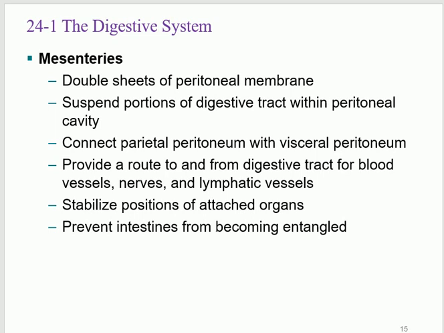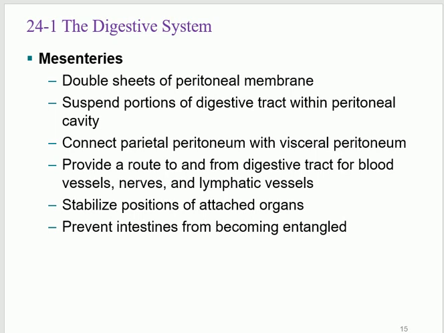Here is one for the liver, done. Here is one for the stomach. No, it's not like this. It goes in a big fold, covers one, and goes around, covers the next one, and makes a fold, and goes around, makes a fold. So there are a lot of folds that we end up having from that peritoneal membrane, and these folds are called mesentery. And this is important to remember.